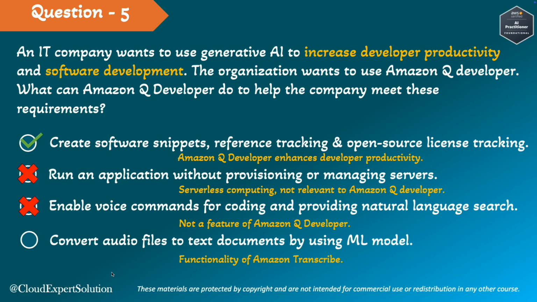Converting audio files to text documents is a feature of Amazon Transcribe, not an Amazon Q Developer feature. Hence, option number 4 is also not correct. That leads us to option number 1, create software snippets, reference tracking, and open source license tracking, as the right option for question number 5.